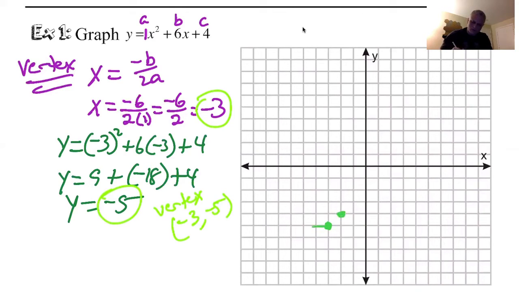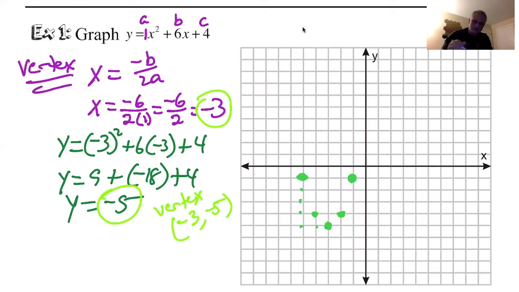I'm going to go left 1 and up 1. This is the same stuff we did on day 1. I'm going to go right 2 and up 4 because 2 squared is 4. So 2 to the right and up 4 units. I'm going to go 2 units to the left, 1, 2, and up 1, 2, 3, 4 units.